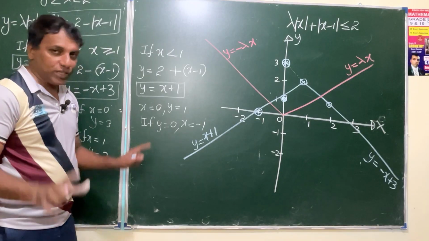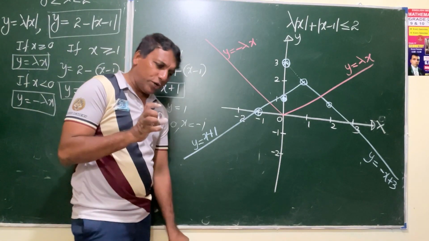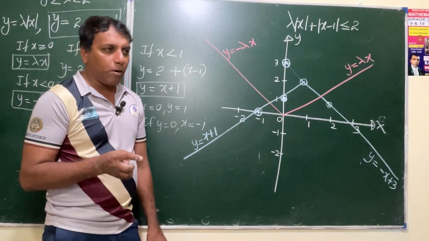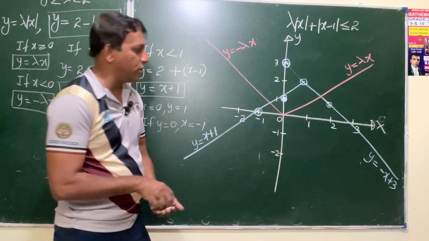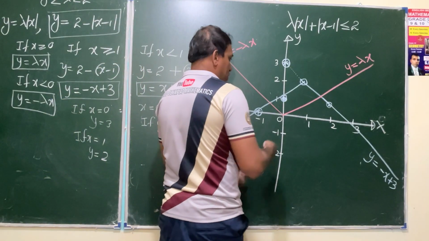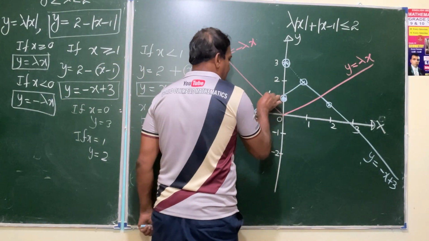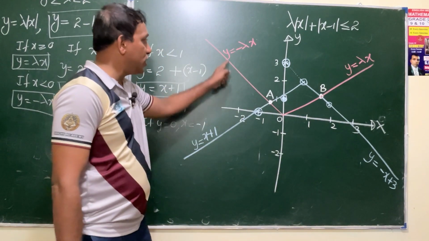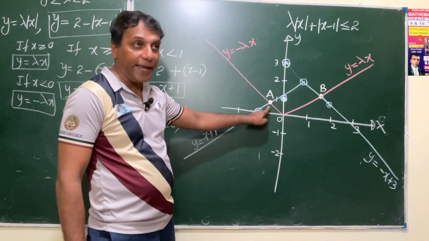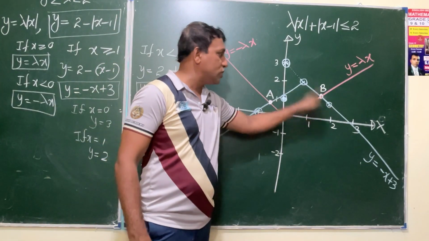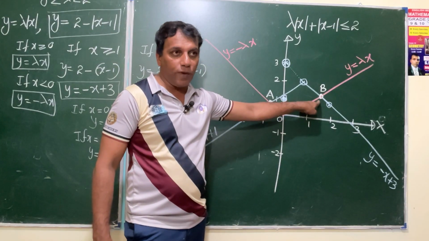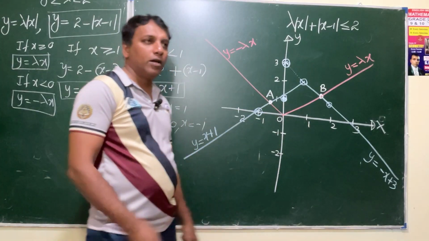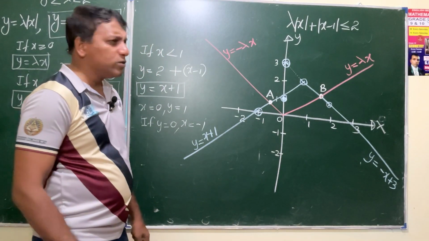Okay, the sketch is over. Now wherever there is a modulus problem, especially in exam questions, they ask about the intersection points. That is important, right? So now I can mark the intersection points of both graphs. This point I call A, and this point B, right? If you solve these two equations, you can find the coordinates of A. Same if you solve these two equations, solving simultaneous equations graphically, you can find the coordinates of B. Okay, now see what the question is.